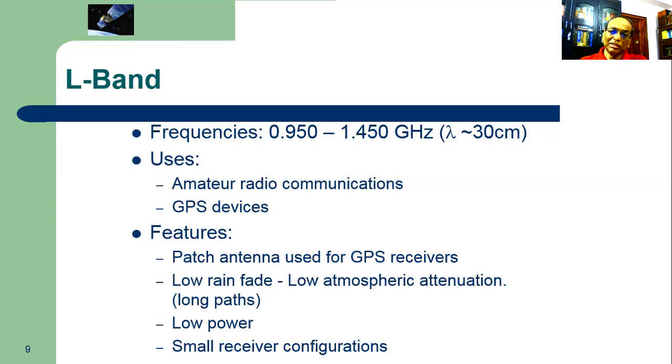Features: mostly this patch antenna is used for GPS receivers, low rain fade, low atmospheric attenuation during the travel in the long pathways. Low power is available in this range.